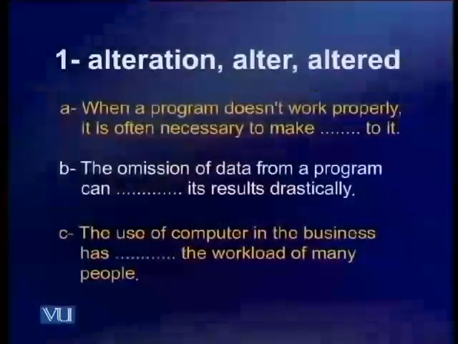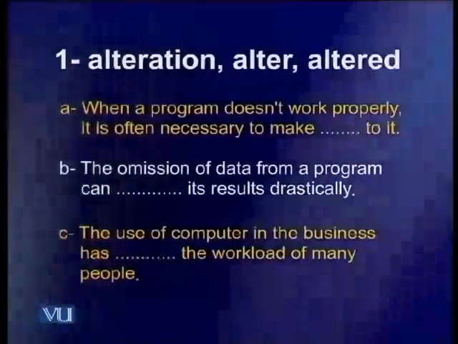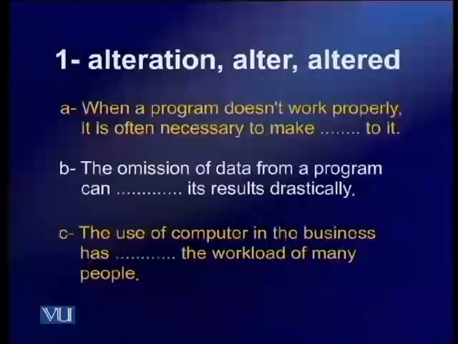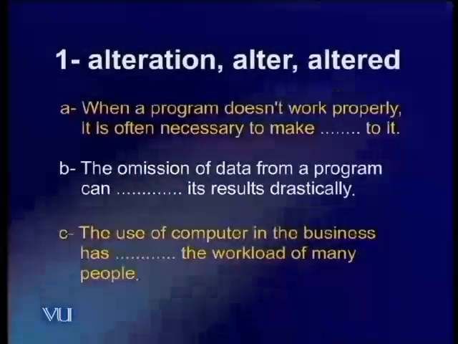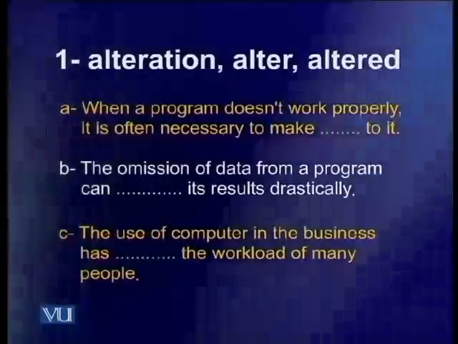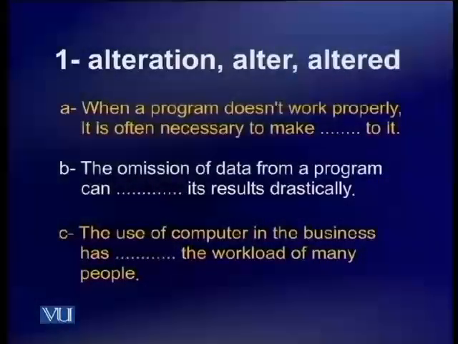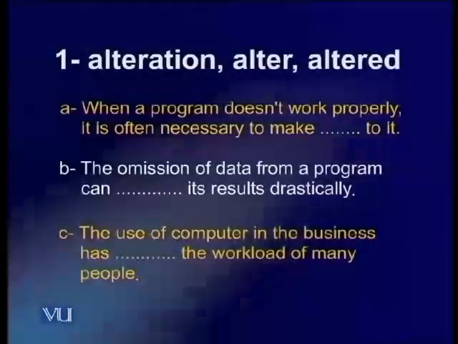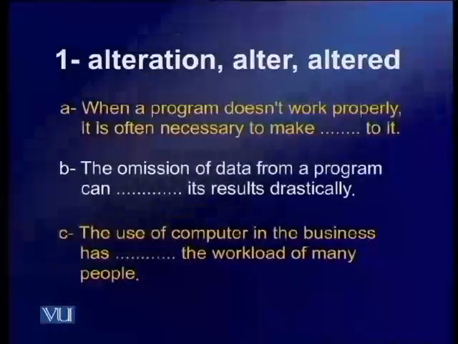You can check the difference of meaning in your dictionary. Take the first one, the word alter, and its 2 other forms. Its form altered with the ed ending, which at once tells you that it is in the past tense. And you've got the word alteration, which is a noun.